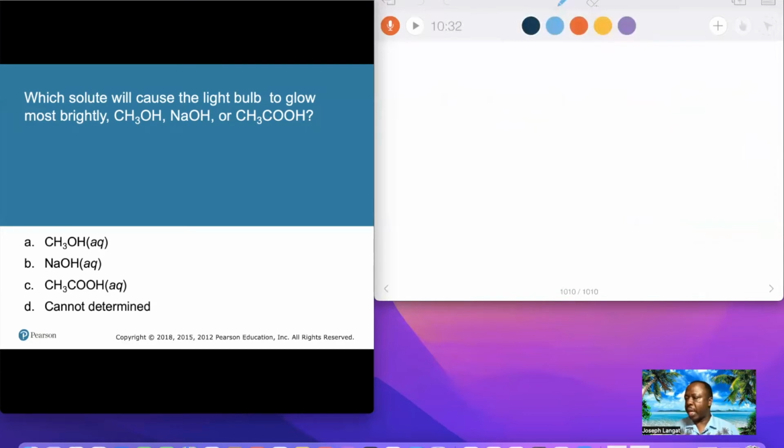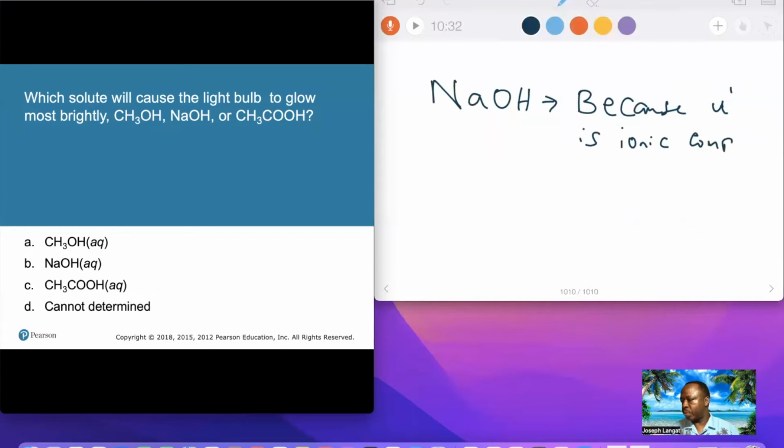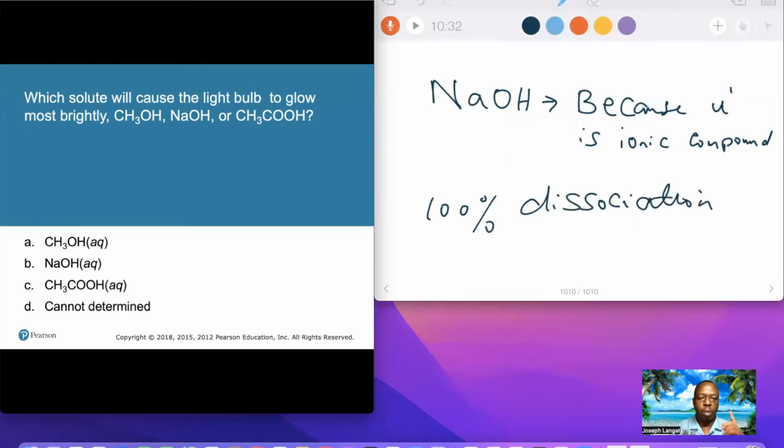The correct answer is sodium hydroxide, because it is an ionic compound with 100% dissociation to produce ions in liquid H2O. The correct answer is B.